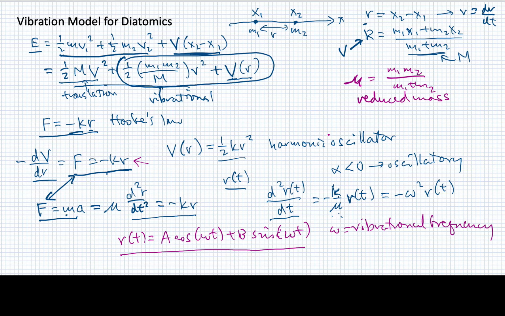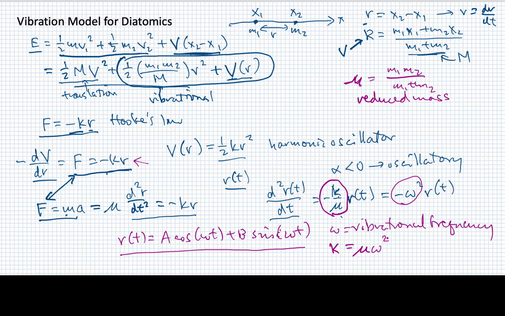Now, one last thing that I would like to point out here: the way I've defined k and mu and omega is such that I can rewrite this force constant as the reduced mass times the harmonic oscillation frequency squared. All right, so this gives us a way to rewrite our total energy.